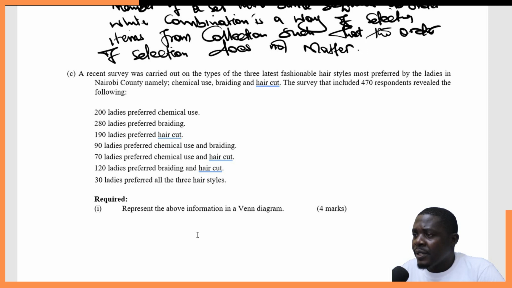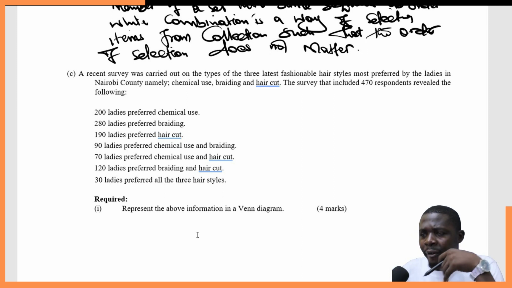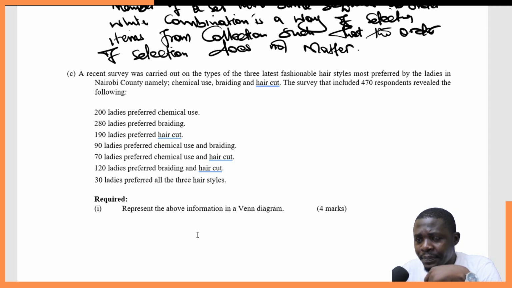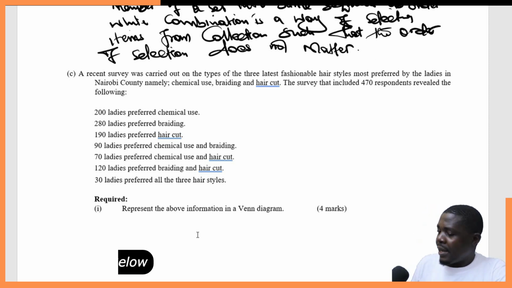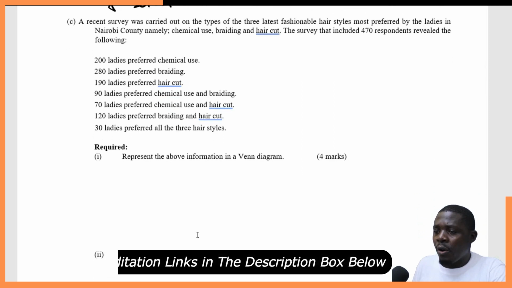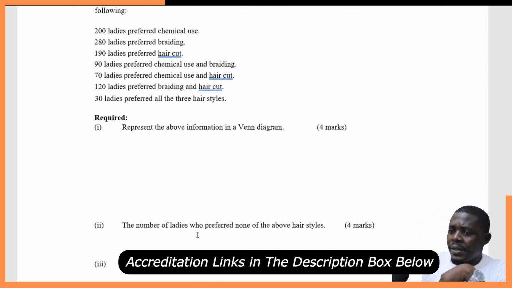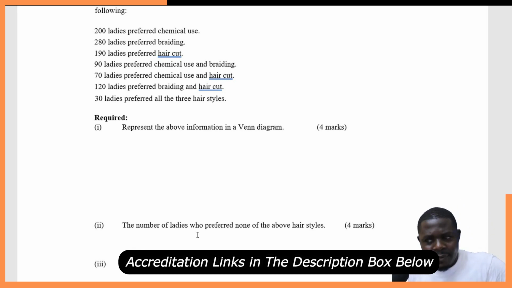The survey, which included 470 respondents, revealed the following: 200 ladies use chemical, 280 ladies use braiding, 190 ladies prefer haircut, 90 preferred chemical use and braiding, 70 ladies preferred chemical use and haircut, 120 ladies preferred braiding and haircut, and 30 ladies preferred all the 3 styles. Roman 1, represent the above information in a Venn diagram.